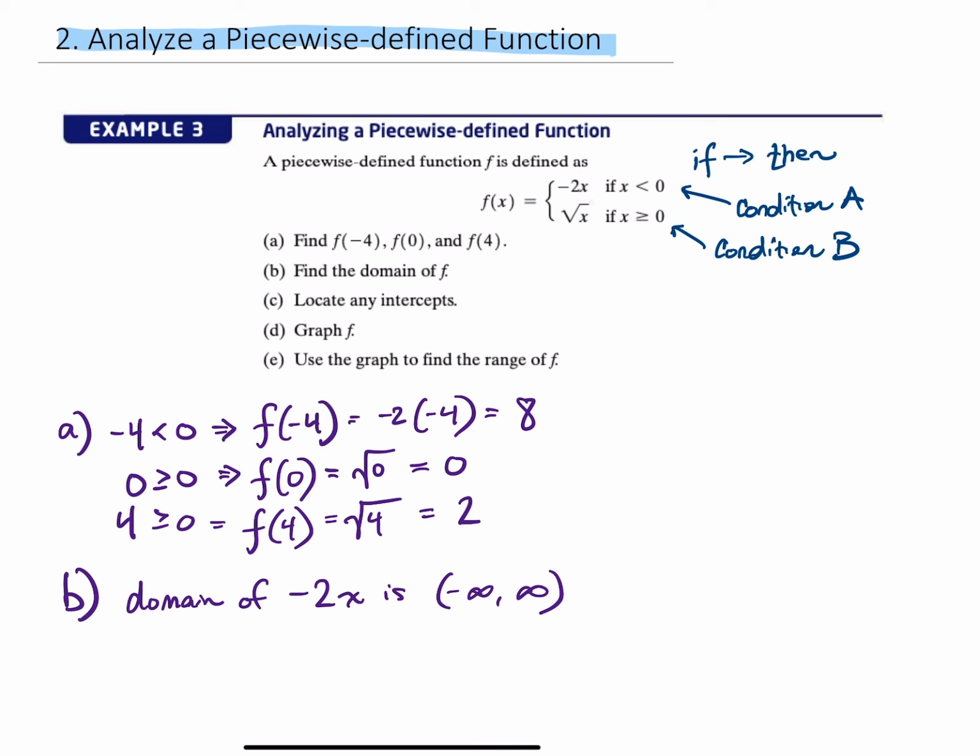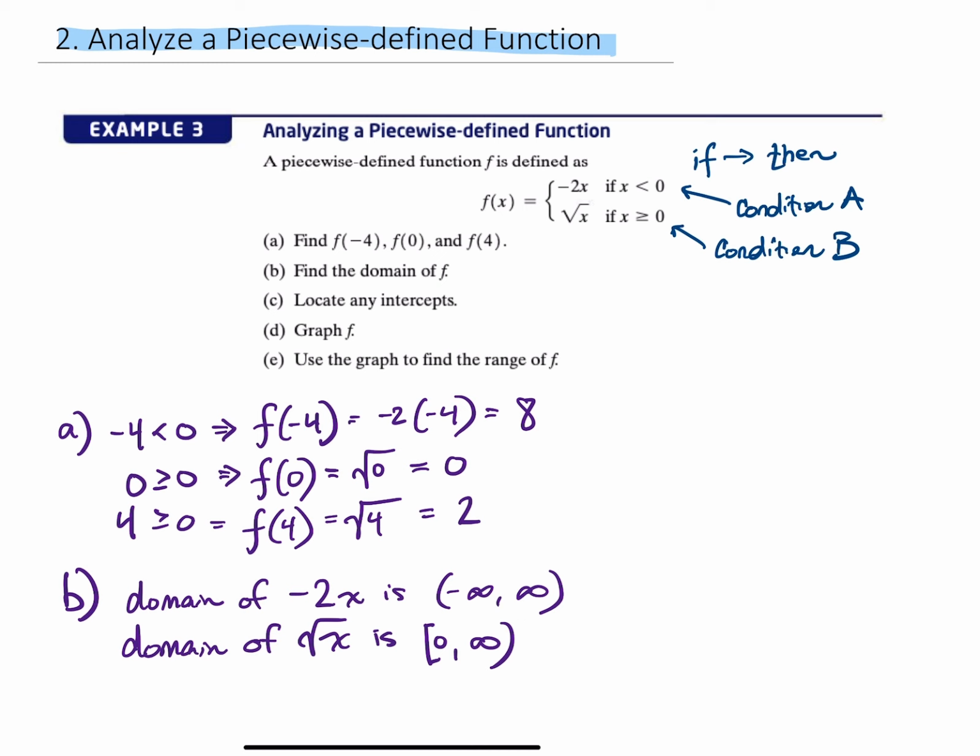However, we really just want to think about when x is less than 0. And then the domain of the square root of x, we said earlier, is from 0 to infinity, including 0.